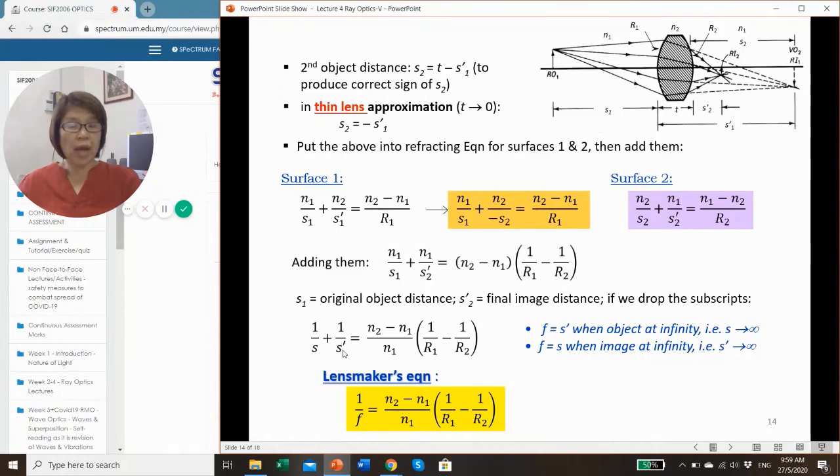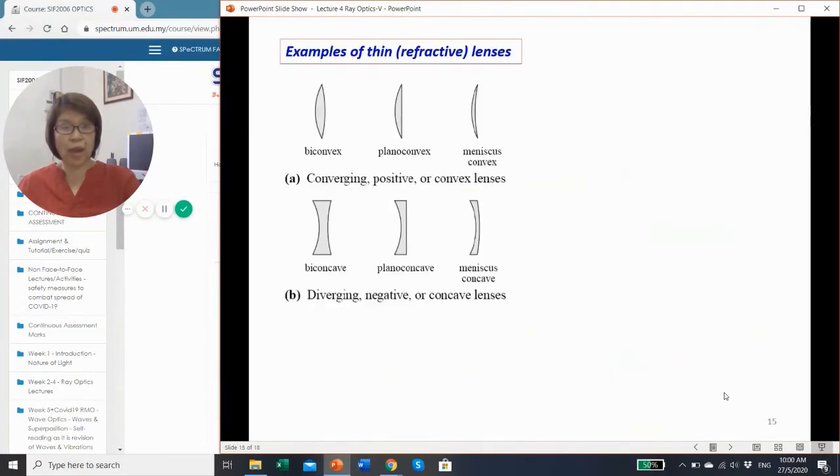Then we have 1 over f is equal to this expression. And when the image is formed at infinity, then we also have 1 over f equal to this expression. So therefore now, this is equated to 1 over f. And this equation is called the Lensmaker equation. And for the thin lens equation, we have 1 over s plus 1 over s' equals 1 over f.